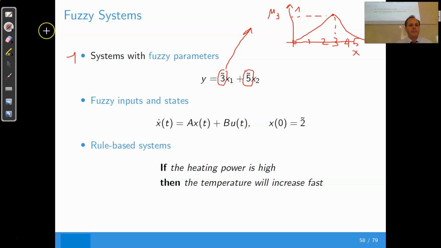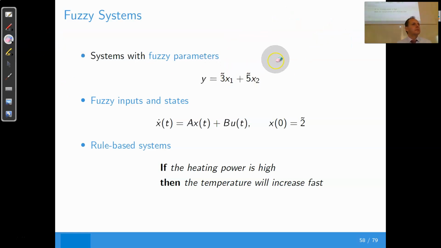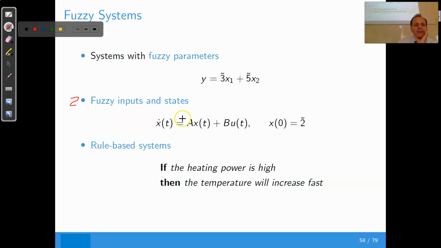This is the first example. Well, we will not use this model. The second one is a system defined by fuzzy inputs and states, and in this second case also we are not considering this prototype.